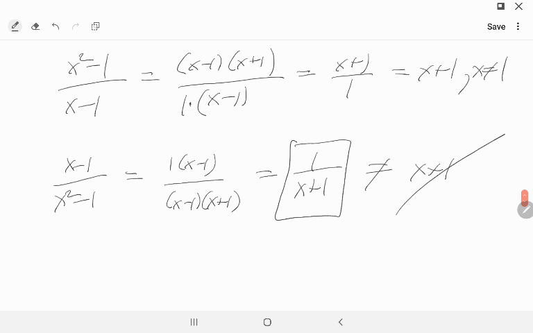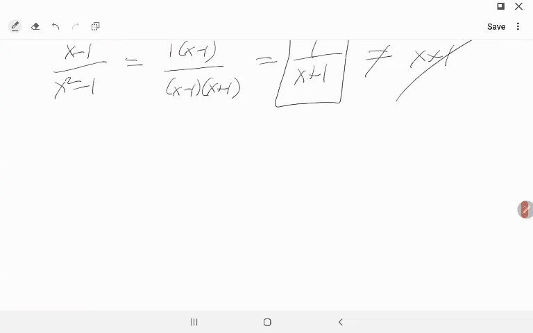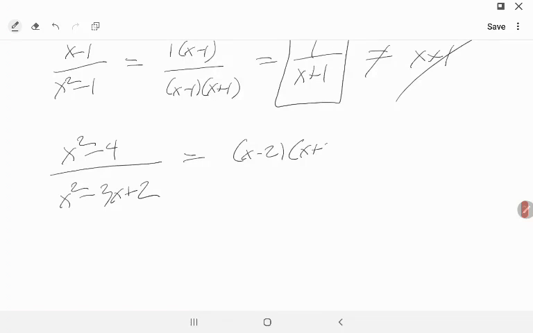So you'll notice that we can have lots of factoring when we're dealing with these. If we saw something like x squared minus 4 divided by x squared minus 3x plus 2, to simplify it, we have to factor everything. The numerator factors as x minus 2 times x plus 2.